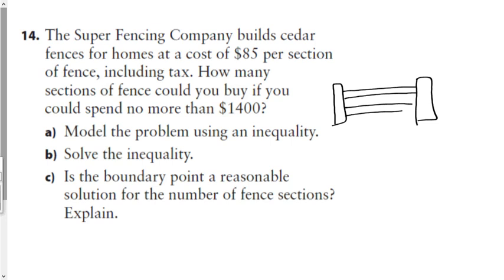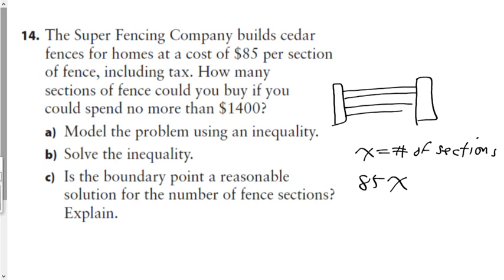So the first thing we want to do is say x equals the number of sections. Define what our variable is going to be. Now we could use S for sections or F for fences, doesn't matter. So if it's $85 per, it's going to be $85 multiplied by the number of sections. And this amount can be no more than $1,400. Can it be $1,400?